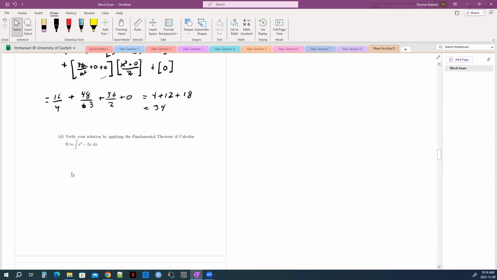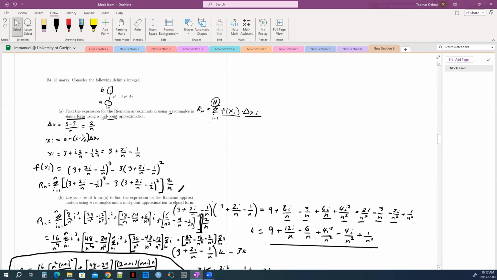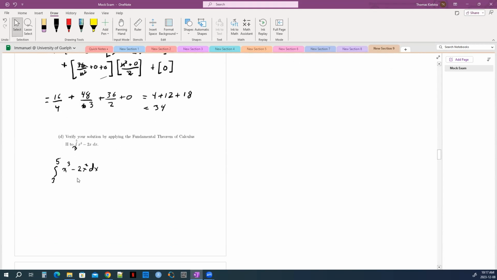And now we want to verify it using the fundamental theorem of calculus. So to verify it, and this should be 3, we're going to take the integral from 3 to 5 of x cubed minus 2x dx to x squared dx, because our original expression was 3x squared.